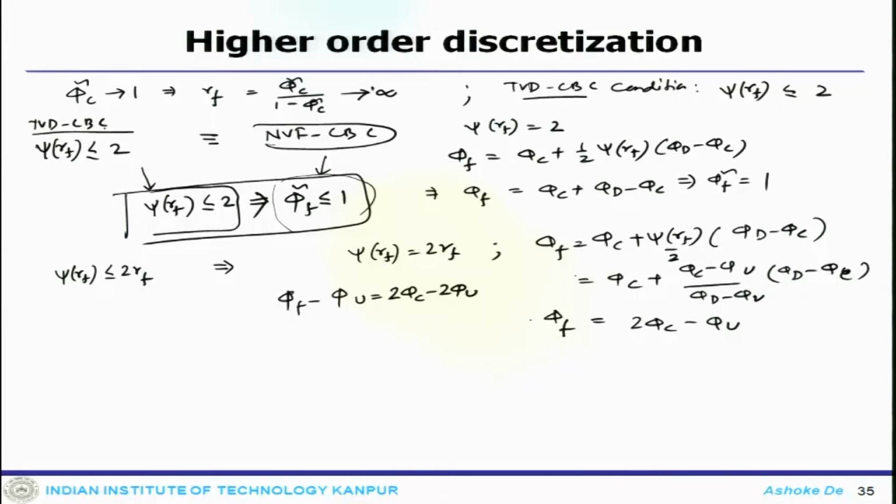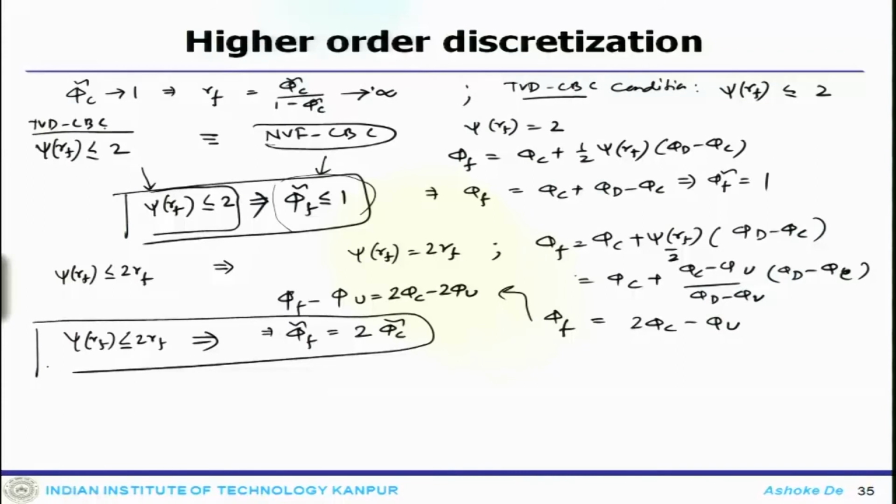It is an algebraic calculation, and that gets you phi f tilde equals 2 phi c tilde. So, the condition psi RF less than 2 RF has the equivalent condition phi f tilde less than or equal to 2 phi c tilde. So, this is slightly more restrictive than the NVF CBC and is the only difference between the two formulations.